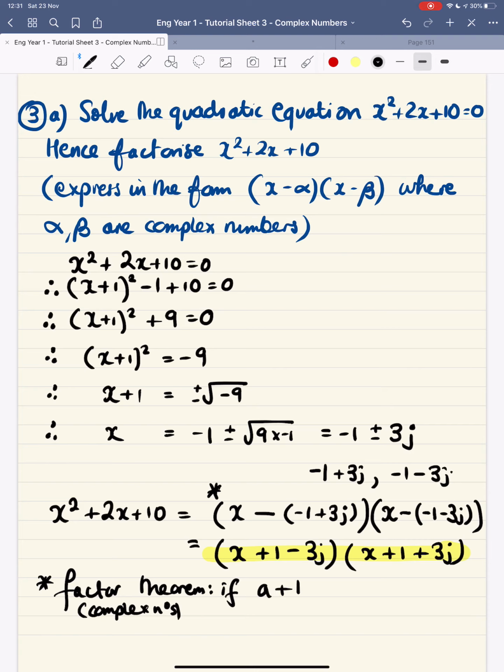So if a plus bj is a root, i.e. a solution, which is what we've got from completing the square, then x minus (a plus bj) is a factor. And that's what we've used there.